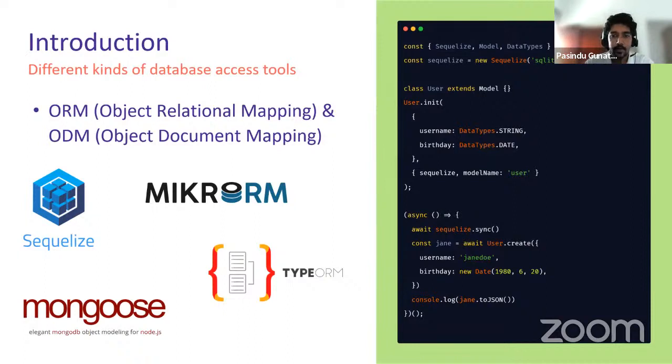On the bottom right side, you can see you create a user using the user model, which is a class representation of the user entity or the user table. Then you create it using the provided create API.